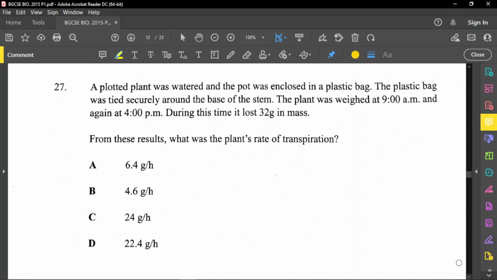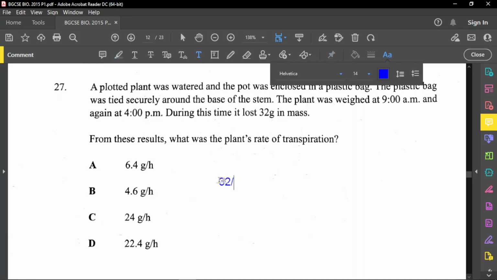So first, you have to think about the timing. From 9 a.m. to 4 p.m. will be 7 hours. So we have 7 hours and 32 grams of mass was lost during that time. So the rate of transpiration here will be 32 divided by 7, which equals 4.6 grams per hour.